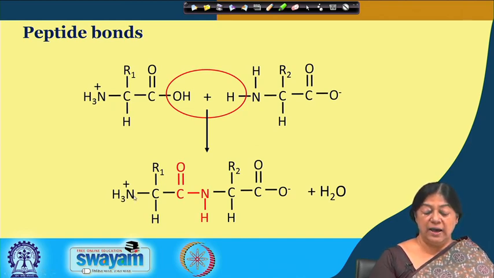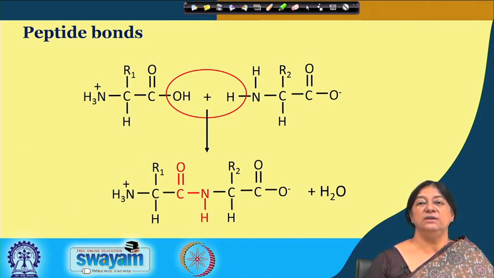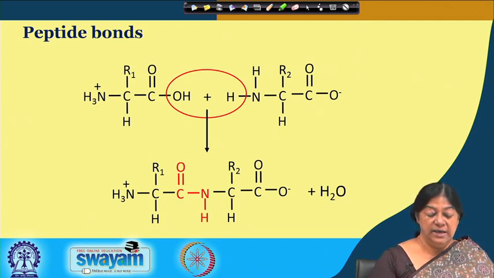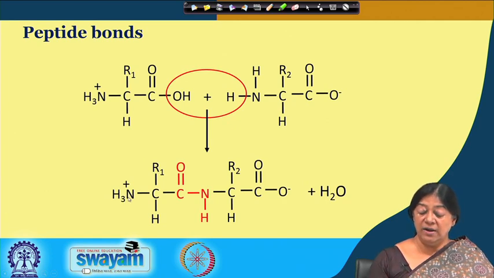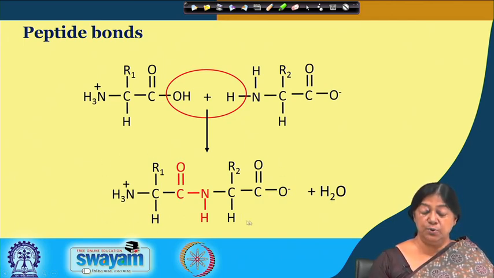So, if we were to determine the PI of this particular dipeptide, what is the information that I need? The information that I first need is the pK2 value of the first amino acid, because we are looking at the NH3 plus, and the pK1 value of the second amino acid, because we are looking at the COOH, because if we consider a completely protonated form, this is COOH.